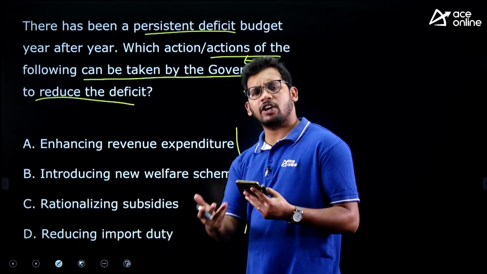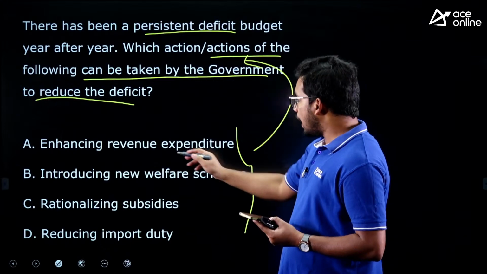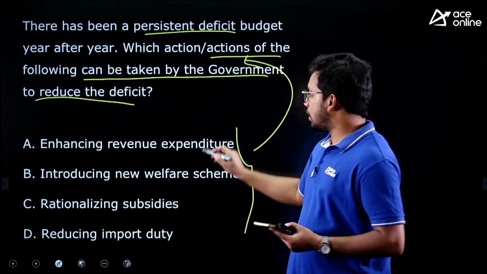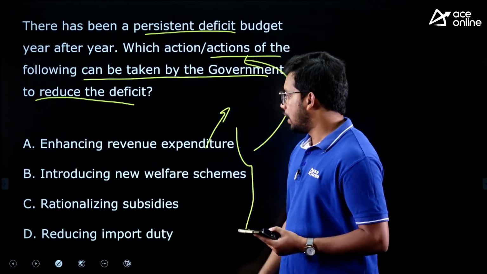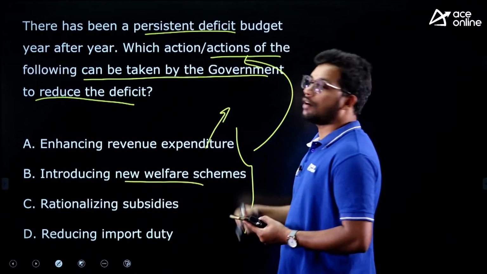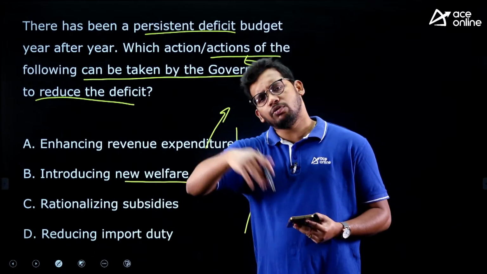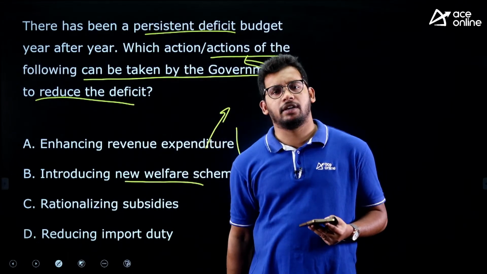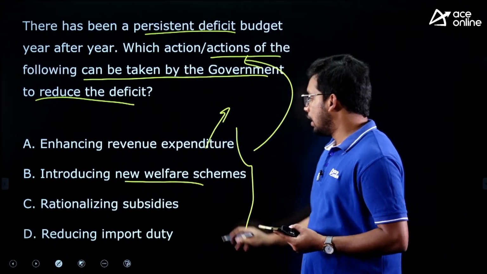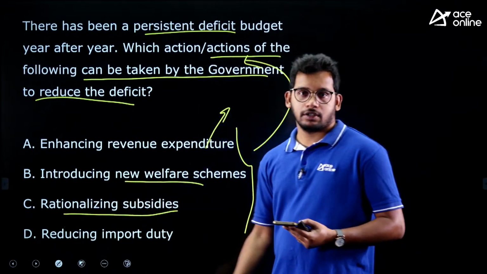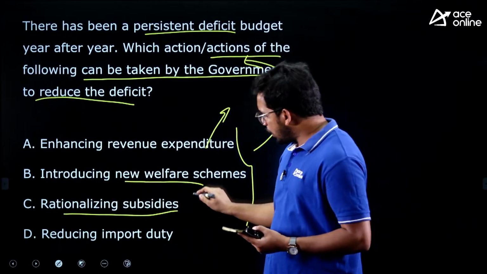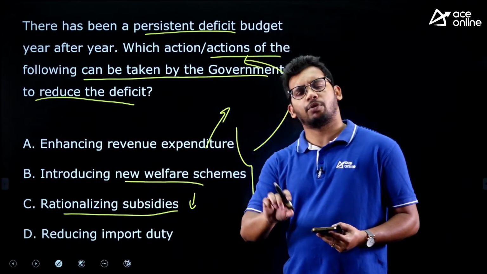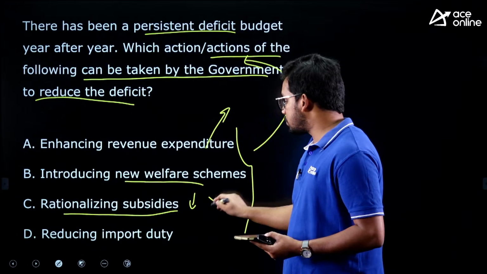So now tell me, very common sense. Enhance revenue expenditure. So they are saying spend more. Next one, introduce new welfare schemes. So bring in new schemes and give money to the public. Rationalize subsidies. That means the subsidies you are giving, fertilizers, food subsidies, reduce them. Rationalizing means wherever it is important, give them; the rest of the subsidies, cancel them.